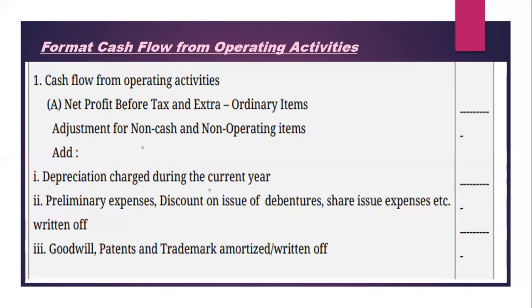This is the pro forma of cash flow from operating activity. It begins with net profit before tax and extraordinary items. Then all the non-cash expenses are added. They are depreciation charged during the current year, all the fictitious assets like preliminary expenses, discount on issue of debenture, share issue expenses written off, and intangible assets like goodwill, patent, and trademarks amortized, that means again written off.